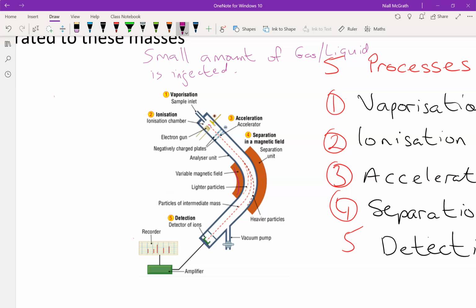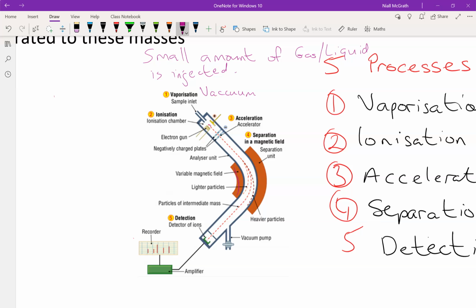Once you enter the mass spectrometer, that whole environment in there is actually a vacuum. That means that any liquid that enters that vacuum turns to a gas. So vaporization, vapor, turns to a gas.